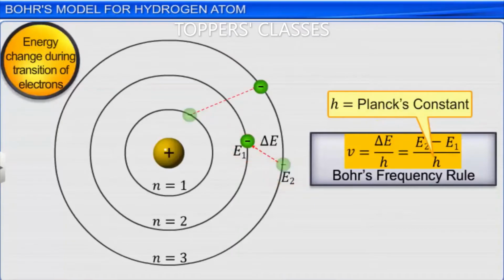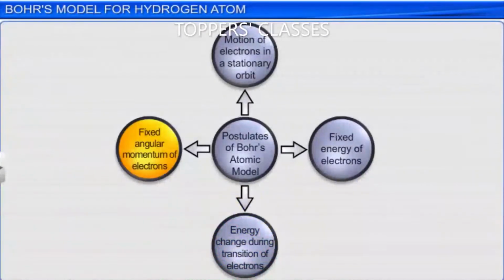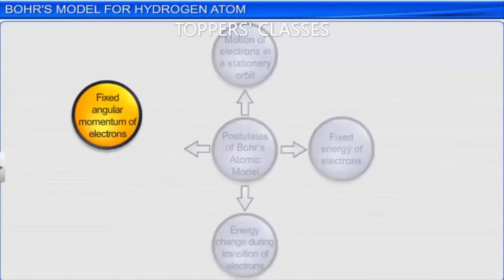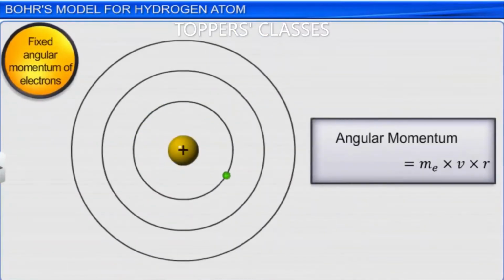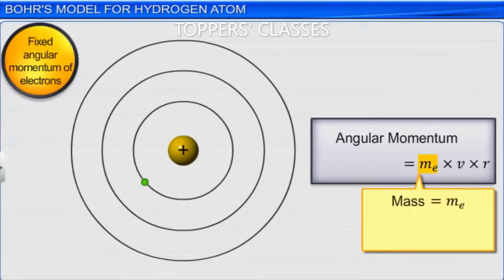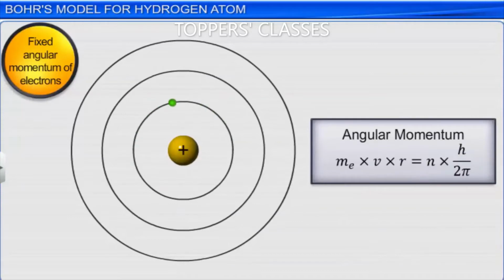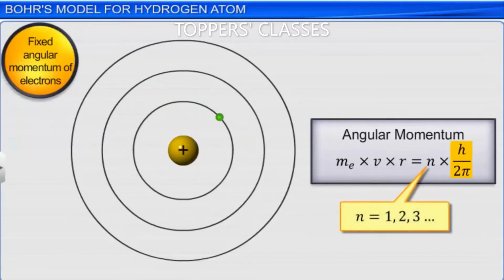The fourth postulate states that an electron moving in a circular orbit has an angular momentum equal to the product of its mass m_e, linear velocity v, and radius of orbit r, which can be expressed as an integral multiple of h/2π, where n is an integer that has the values 1, 2, 3, and so on, and h is the Planck's constant.